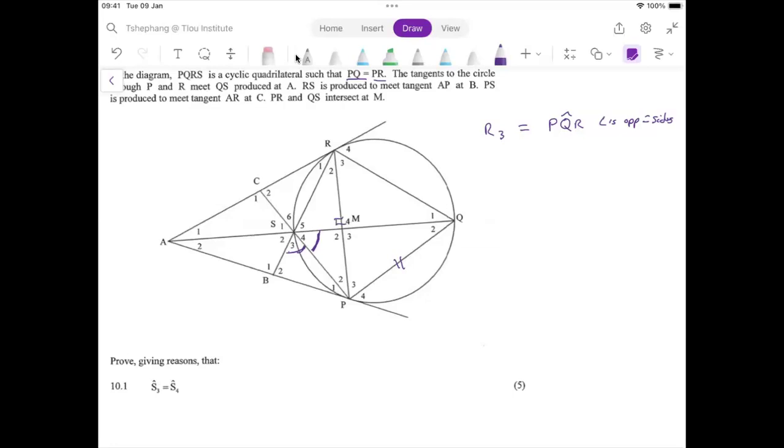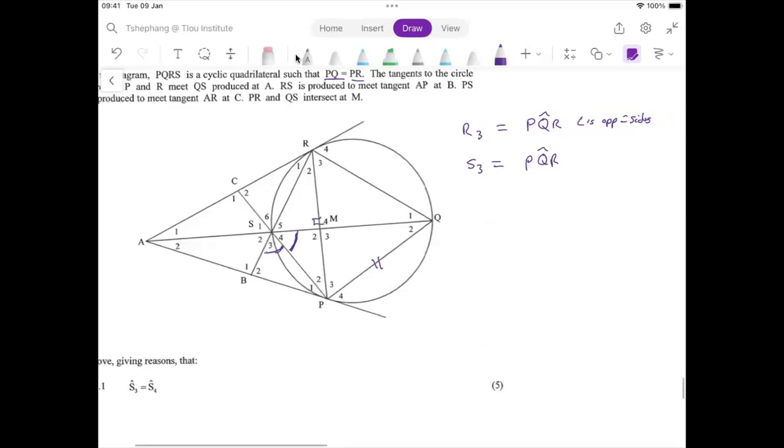Now, we can also say that S3 is equal to PQR, because this is my cyclic quadrilateral. That is the exterior angle of a cyclic quad.